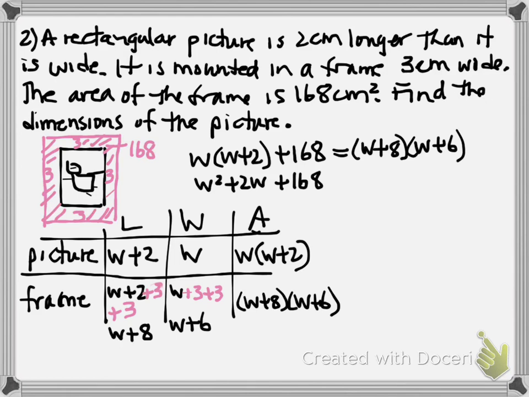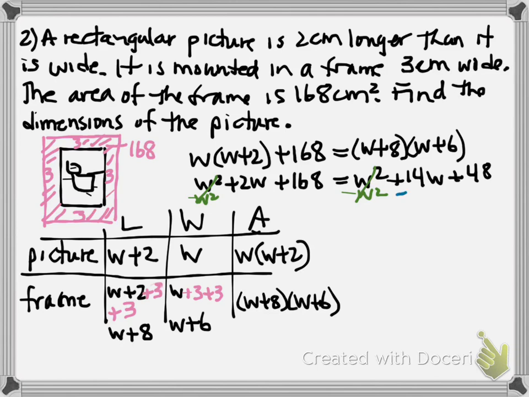Okay. So now I'm just going to be distributing, and at the level I'm at with my distribution, I do my outer inner, I do 6W plus 8W is 14W. So I kind of do that step together. And 8 times 6 is 48. Then I'm going to subtract W squared, and again, blissfully, the W squareds cancel out.